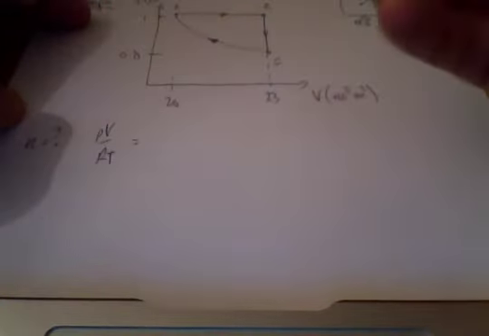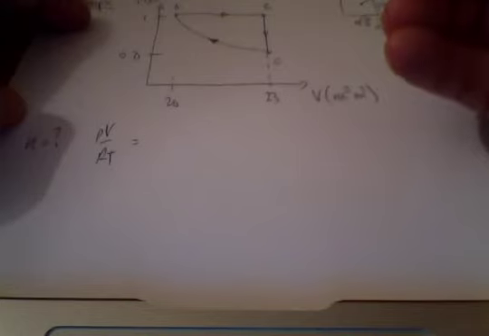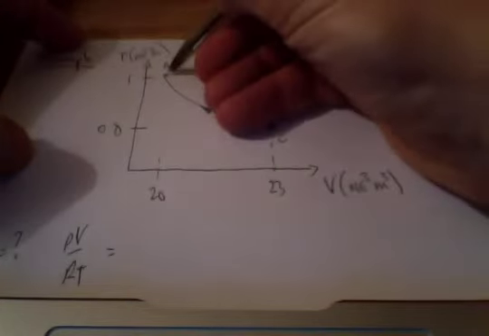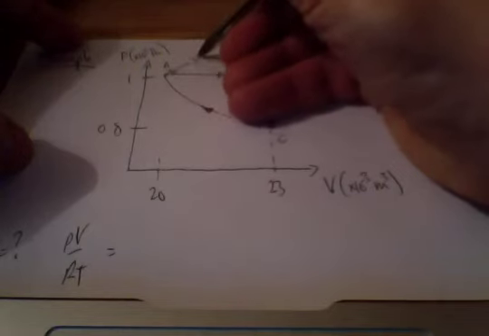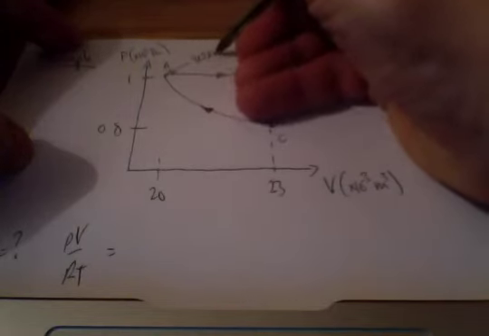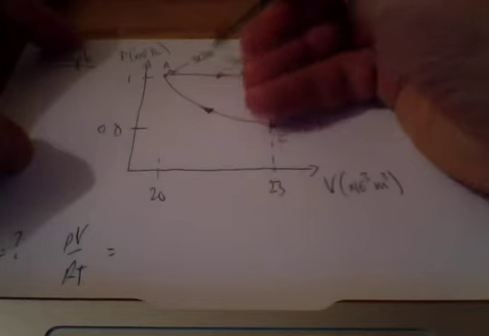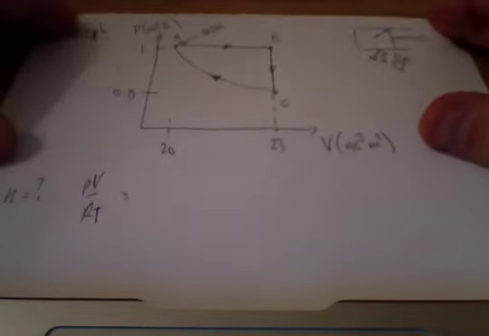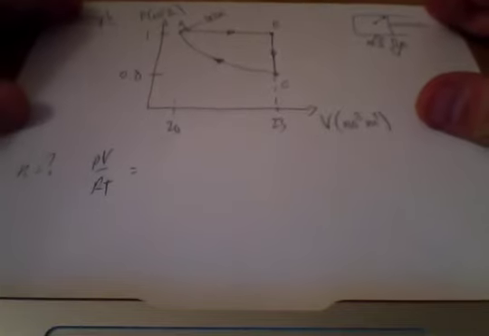Okay, then just from the previous one, we know this is going to be PV over RT. I should have said before, actually, apologies. That point there is 323 Kelvin. So now if you want to press pause and give it a go, go for it.